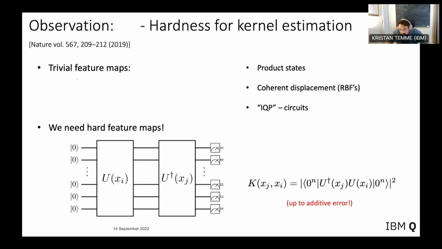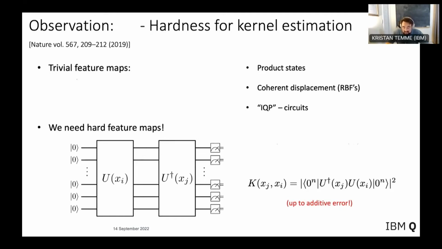So as we talked about earlier, there are of course trivial examples of feature maps. One example is, for instance, the product states that we talked about previously. In the setting of bosonic modes, there are so-called coherent displacement operators, and those immediately give rise to classical RBFs, radial basis functions. There's a slightly more advanced thing that comes from computational complexity within quantum mechanics, which are so-called IQP circuits.